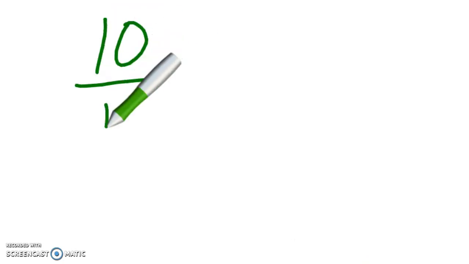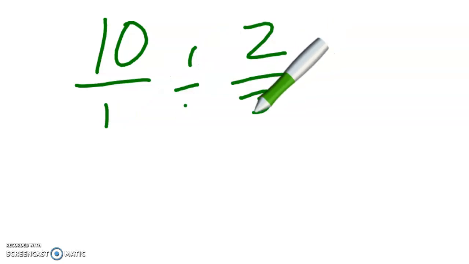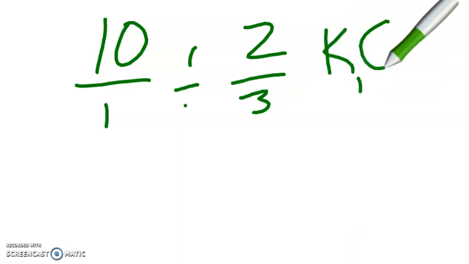So now we have 10 over 1, and we're going to divide it by 2/3. And again, when we do a division problem, all we're doing is keep, change, flip, simplify.